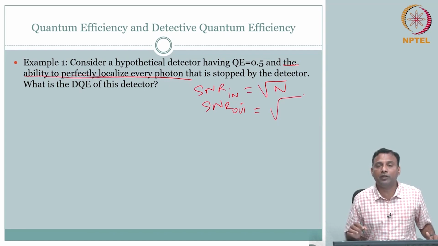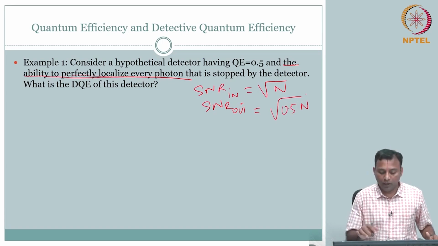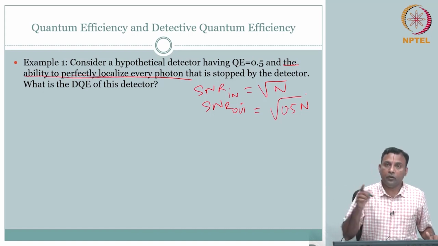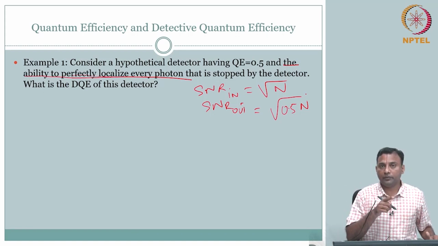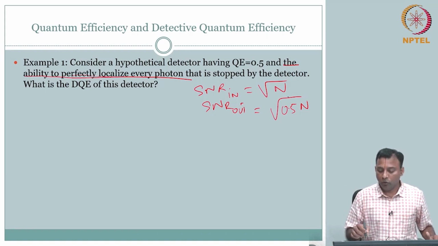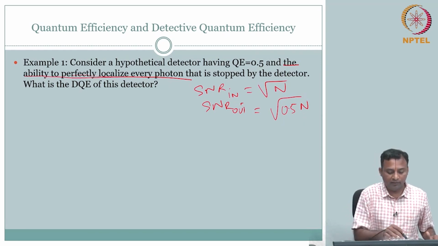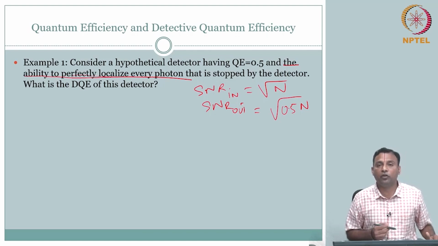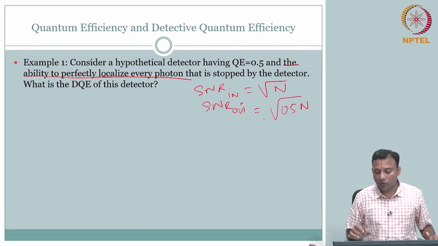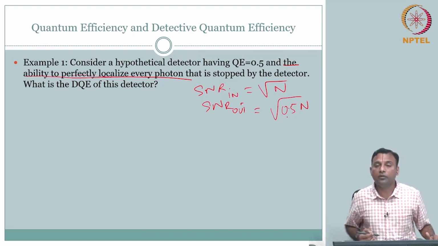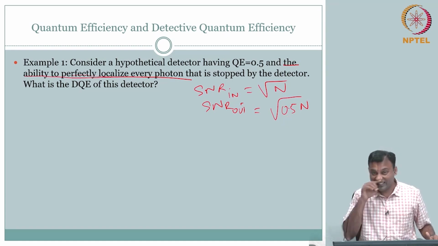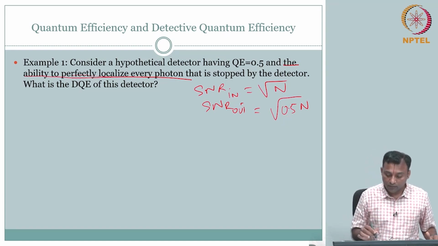How much is the average number of photons? It is going to be 0.5 n, because of the quantum efficiency. So for each photon, you are going to get 50% out. The output has 0.5 n, and since every photon is perfectly localized, your SNR out is the square root of 0.5 n.